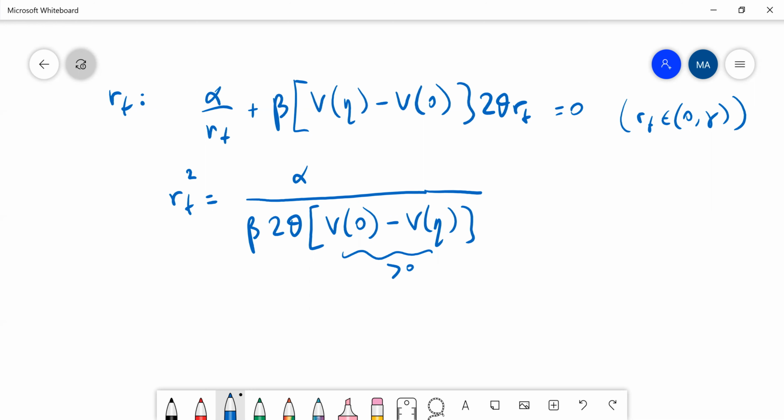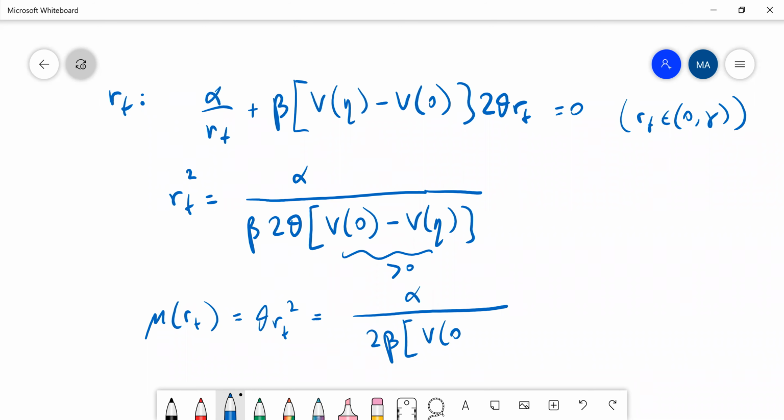Okay, then you're going to put, so now you know what mu RT is, right? Because it's theta RT squared. So you have alpha divided by 2 beta times V0 minus V eta. Okay.